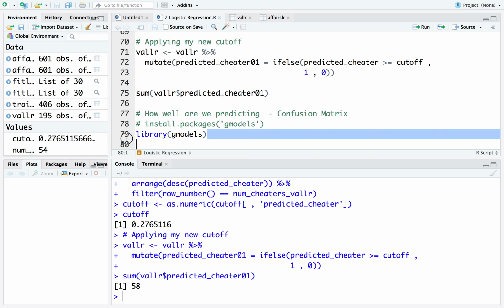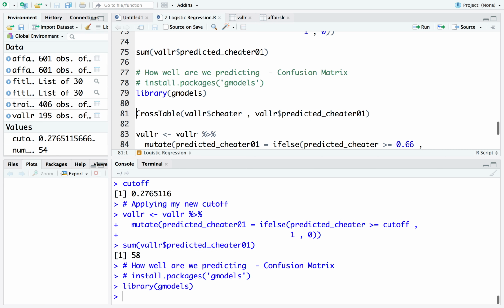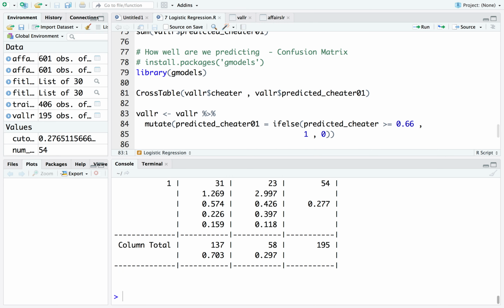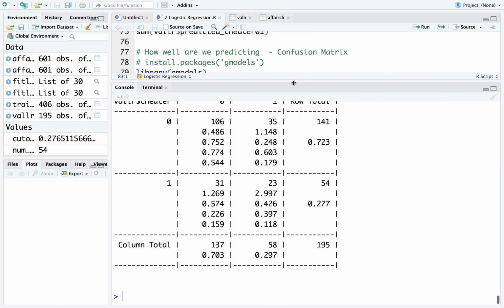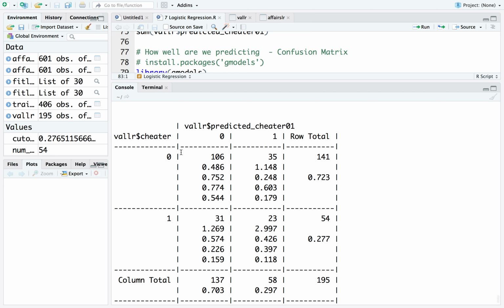I'm loading my variable G models. We use this to do the chi-square test. We're not going to do a chi-square test. All we care about is this cross table. Very interesting here, this cross table. We can interpret this because I have actual cheaters and predicted cheaters.